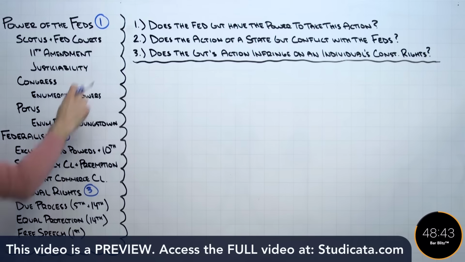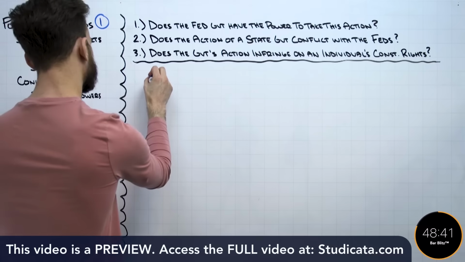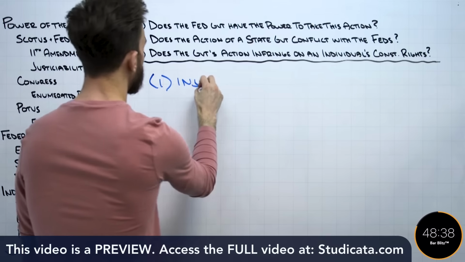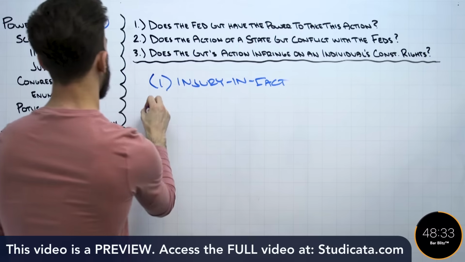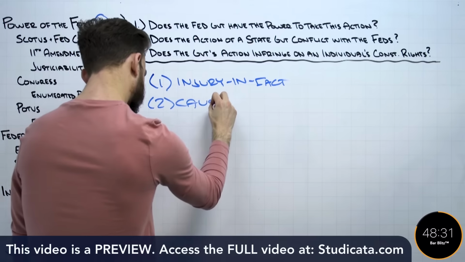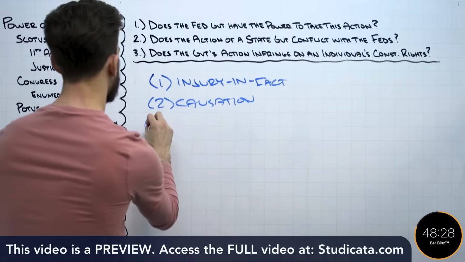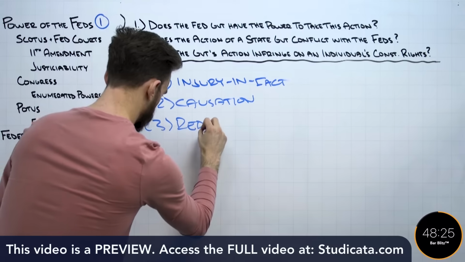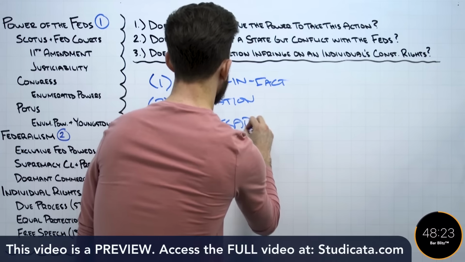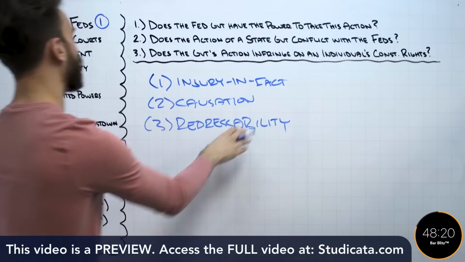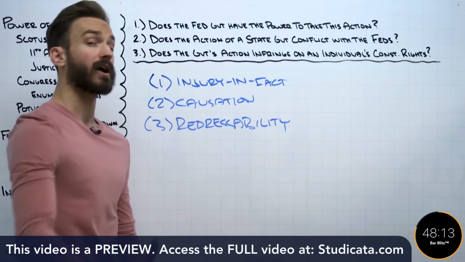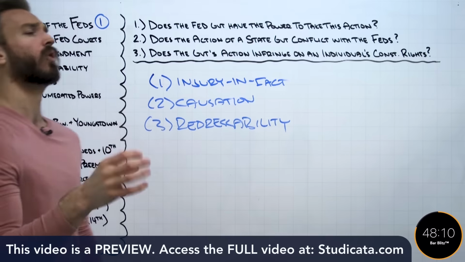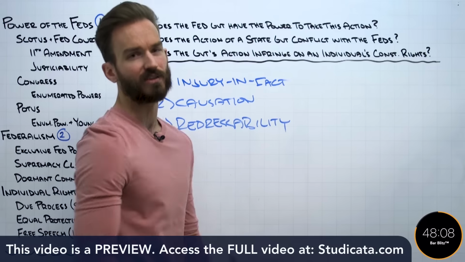Justiciability comes down to three elements: injury in fact, causation, and redressability. These are the three elements of standing, but the justiciability doctrine is really all about the requirement under Article 3 that federal courts can only hear actual cases or controversies.